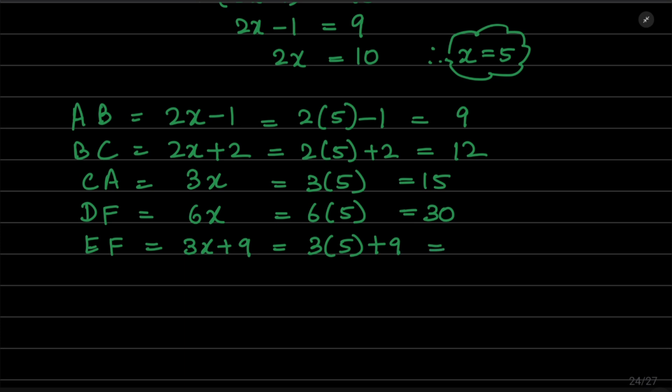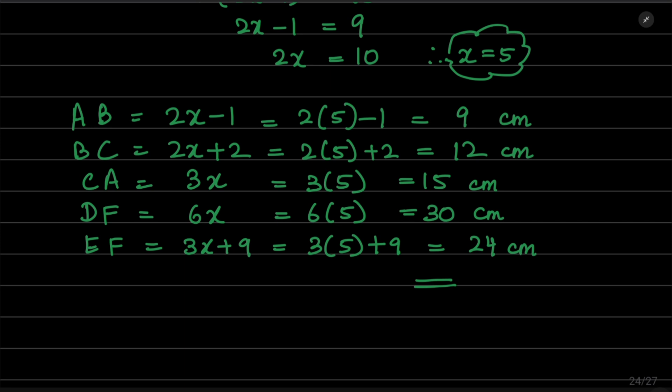What's 15 plus 9? 18, 19, 20, 21, 22, 24, right? 24. But do not forget to put the units. It's given in centimeters, so we also should write the units, and you will definitely get marks because it's mentioned in the question paper that the sides are of length in centimeters. Okay, so these are the requested lengths.